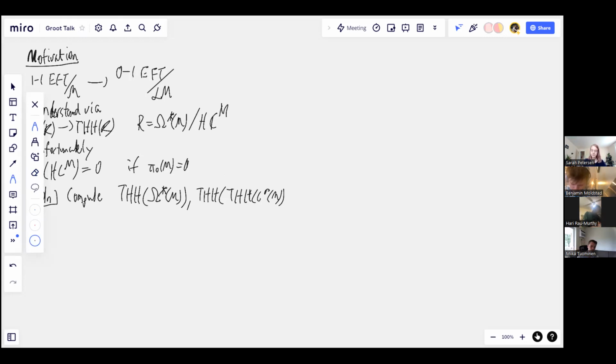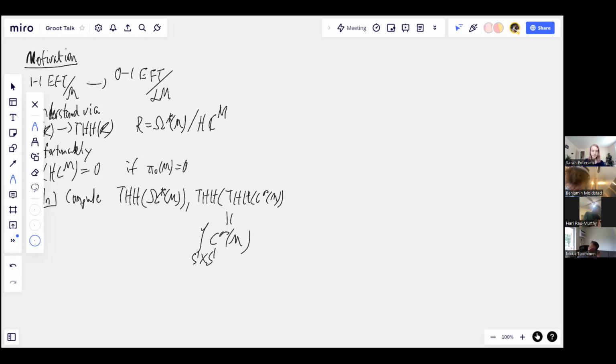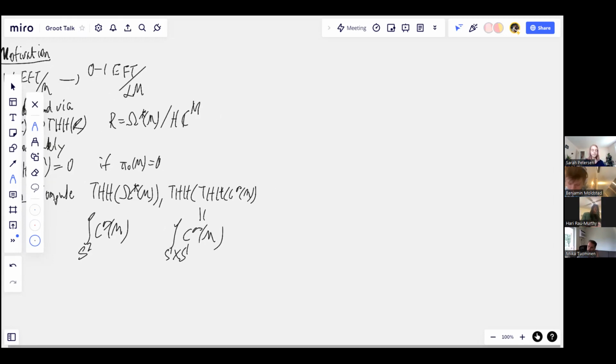And this thing over here is the factorization homology over S1 cross S1 of C infinity M. And maybe the right target for my map was not supposed to be factorization homology over S1 cross S1, but it was supposed to be factorization homology over S2 of C infinity M. So basically, I needed to compute all these things just to put myself on some footing.